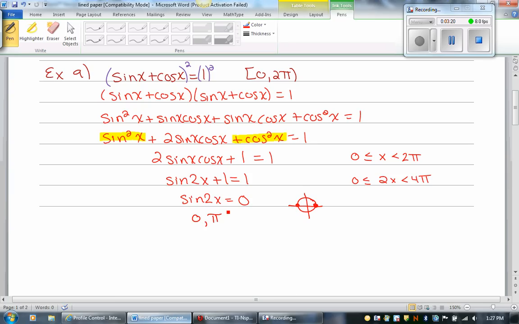But remember, 0 to pi to 2 pi is one full rotation: 0, pi, 2 pi, this is going to be 3 pi, and then back again at 4 pi. Because this is 2 times the angle, we need to go through and divide each of these by 2.